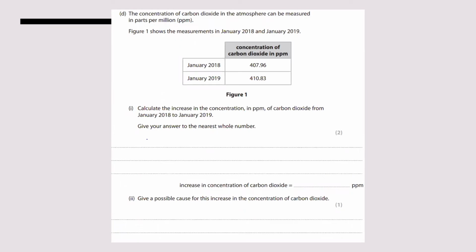So it's just taking one from the other, isn't it? So 410.83 minus 407.96. Right, that gives us 2.87. But we were asked to put it to the nearest whole number. So the nearest whole number is 3. Give a possible cause for this increase in concentration of carbon dioxide.